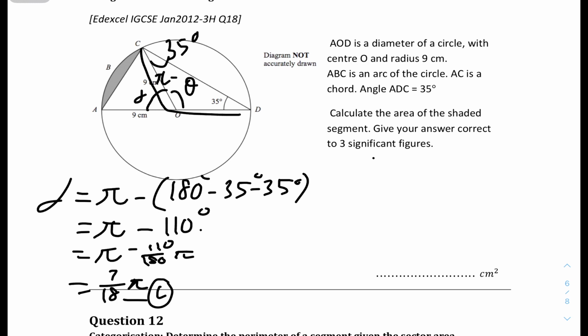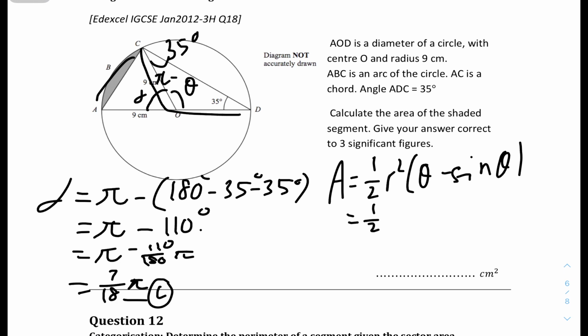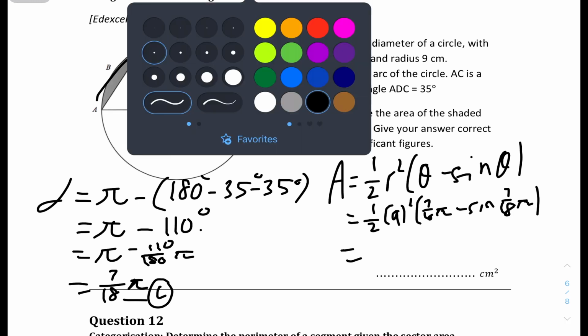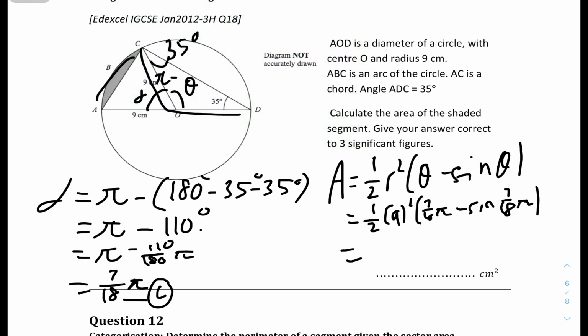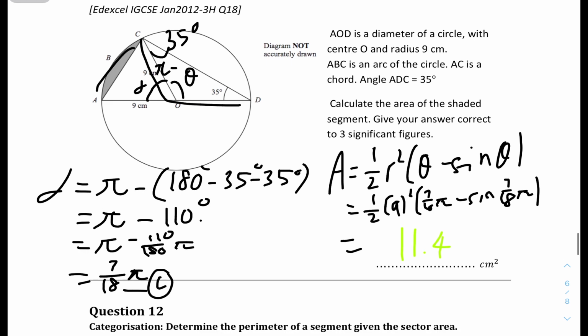That means we can find the area of the shaded region straight away. The area of the shaded region will be half r squared (theta minus sine theta), which will be half 9 squared, 7 over 18 pi minus sine 7 over 18 pi, to get a final value of 11.4 cm squared, and that's the final answer.